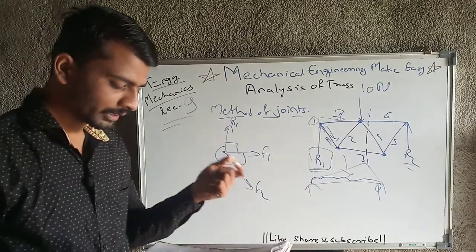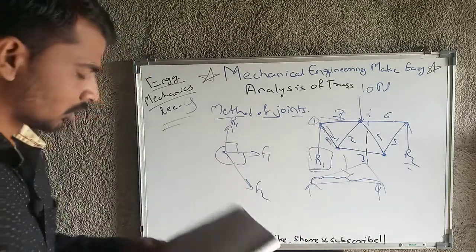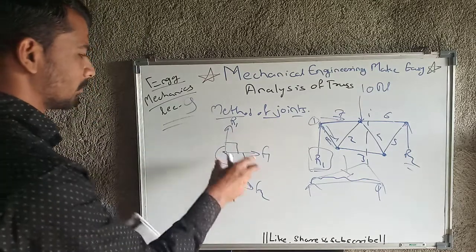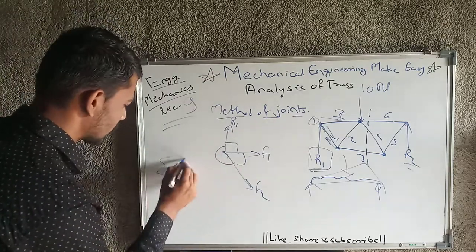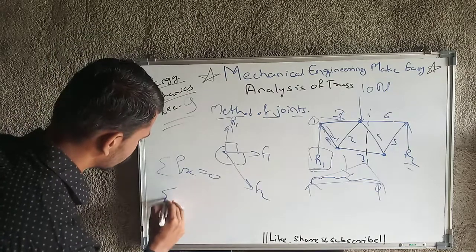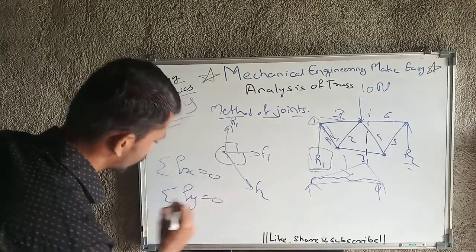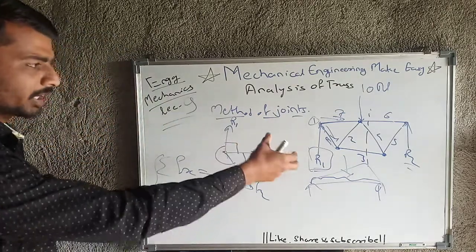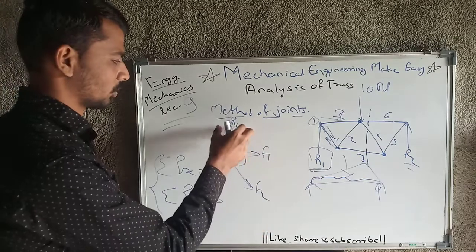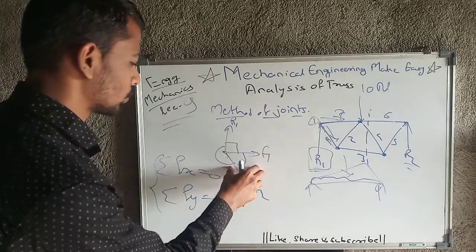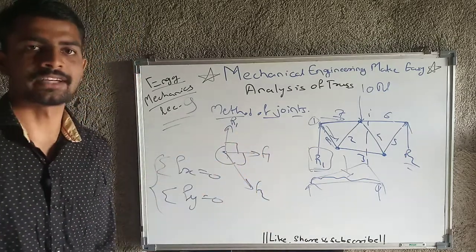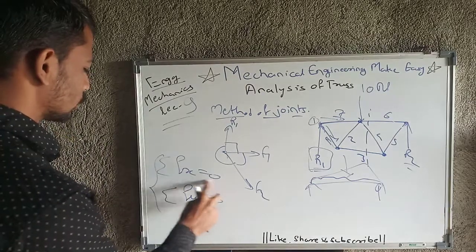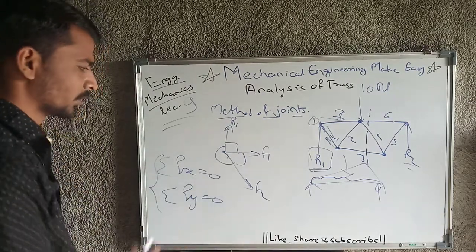And there may be chances that the sine rule is not applicable, then we can use summation of Fx equal to 0 and summation of Fy equal to 0. If the sine rule is not applicable to any joint, maybe because there are not only 3 forces, there are 4 forces likewise, then in that case we can use summation of Fx equal to 0, summation of Fy equal to 0.